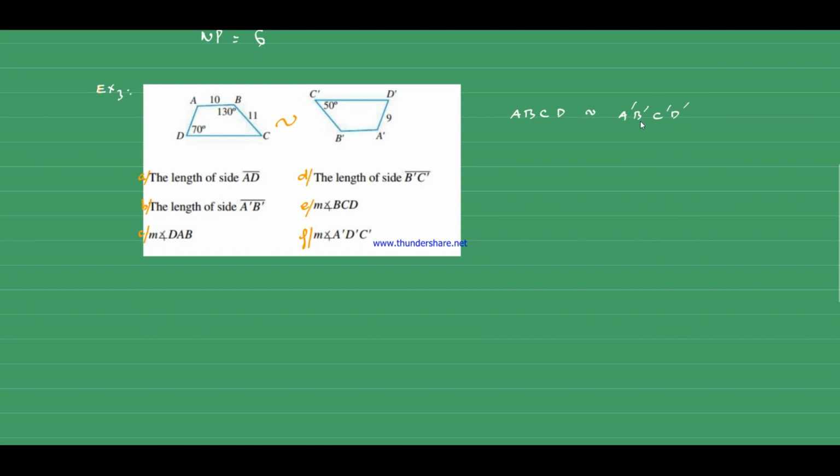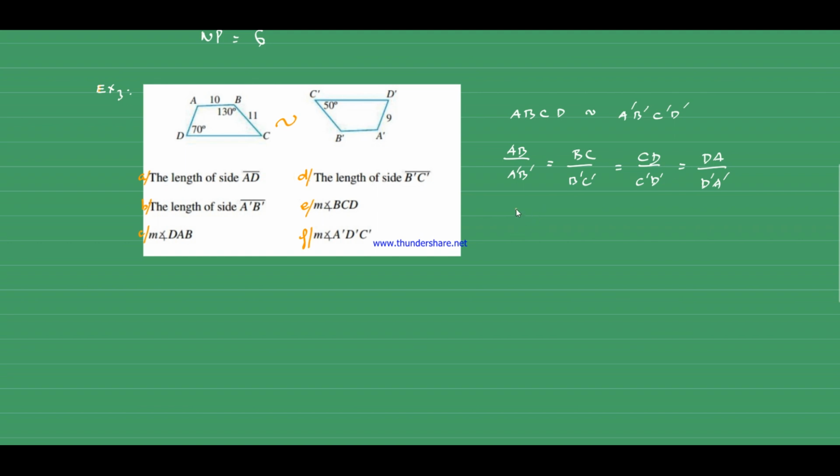So from here you can set up the proportion: AB over A prime B prime, BC over B prime C prime, CD over C prime D prime, and DA over D prime A prime.